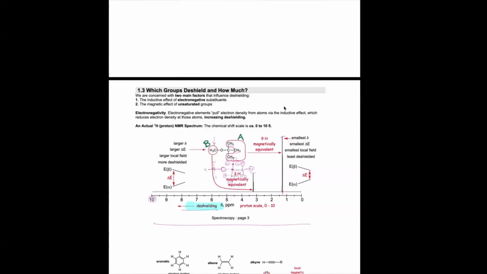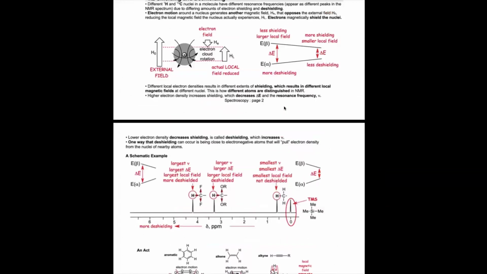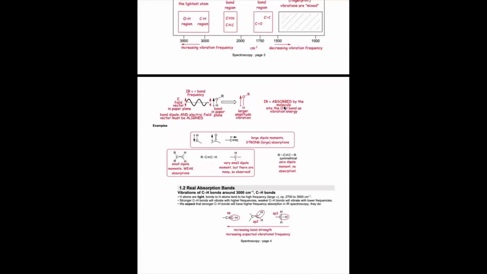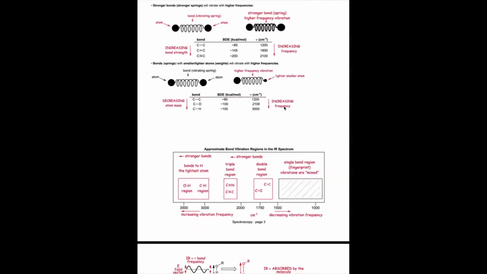So these here are more de-shielded than these over here, right? That's why it's further along this way. The peaks, I believe... I had a biochemistry exam, so I didn't review every little material like I usually do. So I apologize.